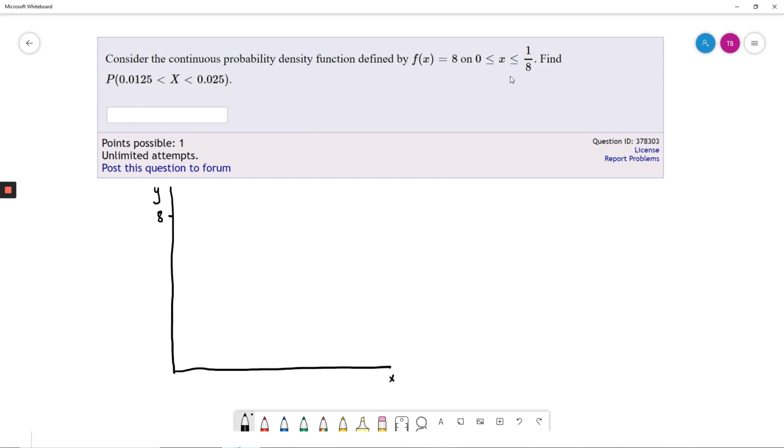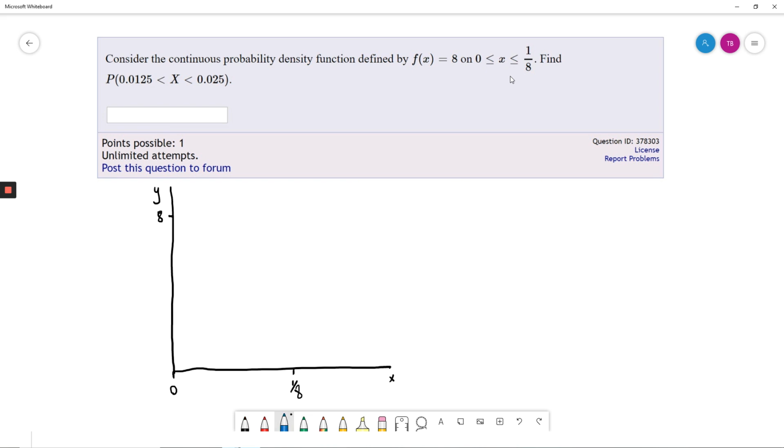And then our x values are going to be between 0 and 1/8. So I'm just going to go between x equals 0 and 1/8, and I'll put 1/8 here. It's not to scale, but we just need to get the idea here.